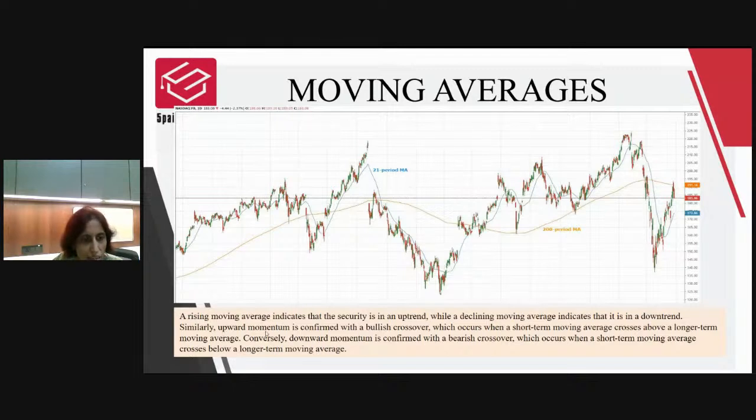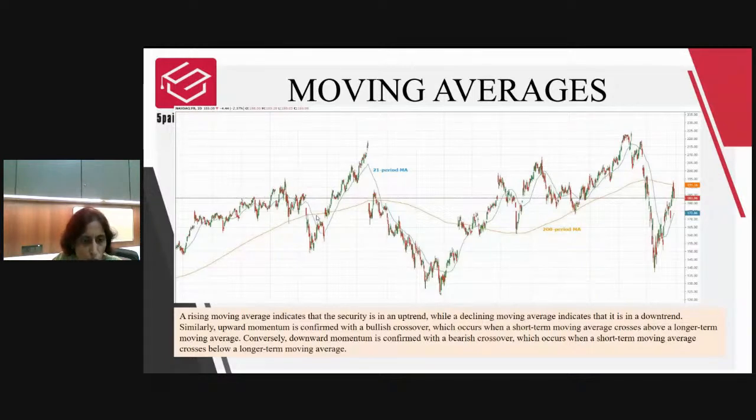Similarly, an upward momentum is confirmed with a bullish crossover, which occurs when a short-term moving average crosses over a long-term moving average. This is the short-term moving average, and when it crosses over the long-term one, do you see this? The 21-day period crossing over the long-term, which is 200, it indicates a bullish sentiment.